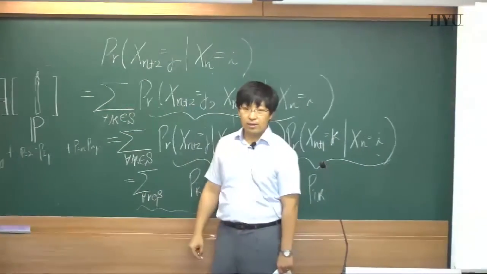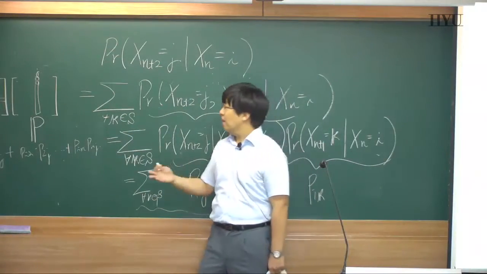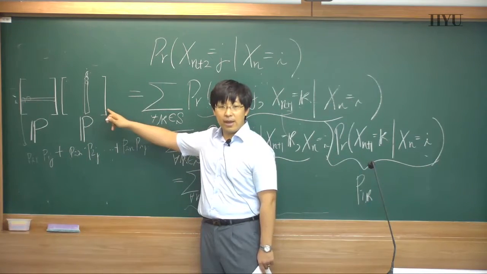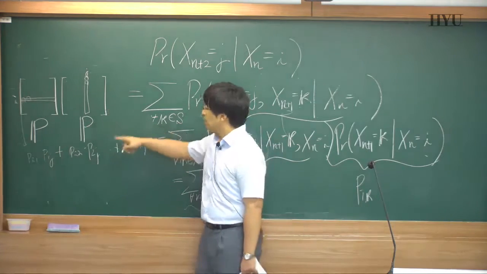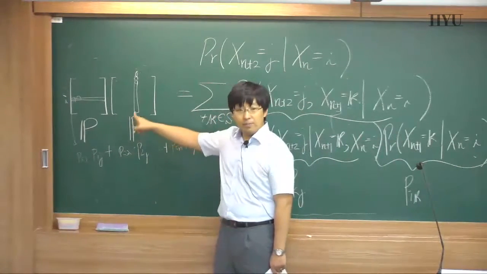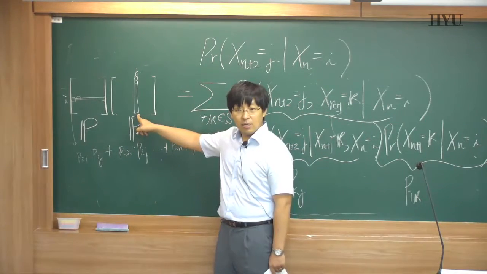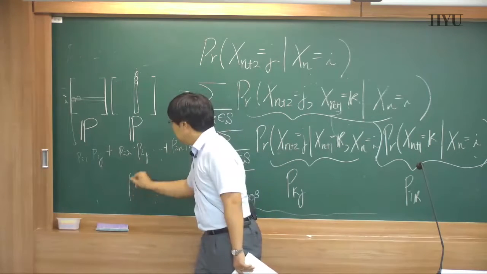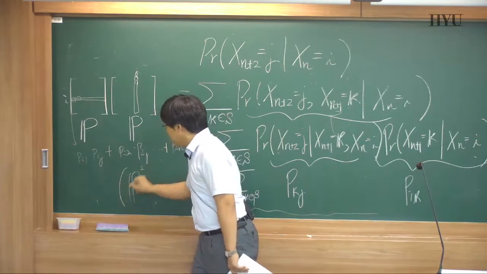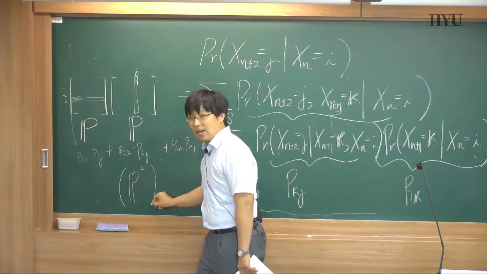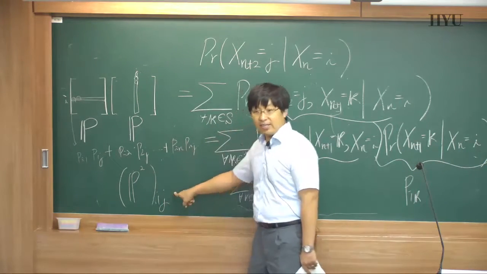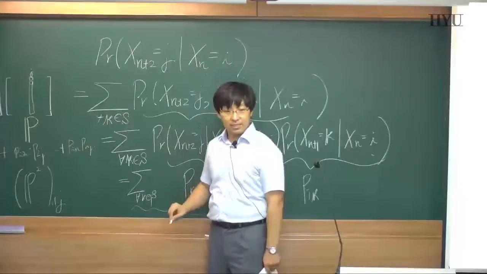Okay. So as long as we have this format called the transition matrix, first we can calculate P squared. Here P is a matrix, matrix times matrix, P squared, and then we can pick the element in the i-th row and j-th column. Then this value is the same as this.